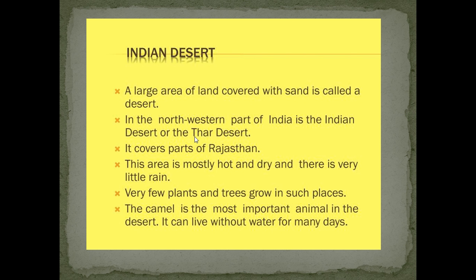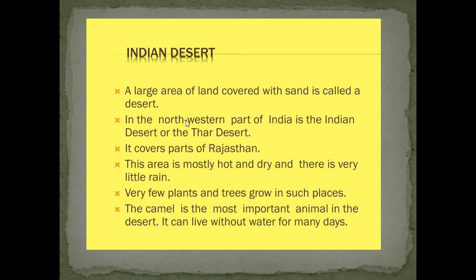Children, open your mouth now. Have you ever heard this word Thar Desert? No, ma'am. No? Okay. See, in India, we have mountain ranges, we have northern plains, we have peninsular plateaus, and also we have dry desert.